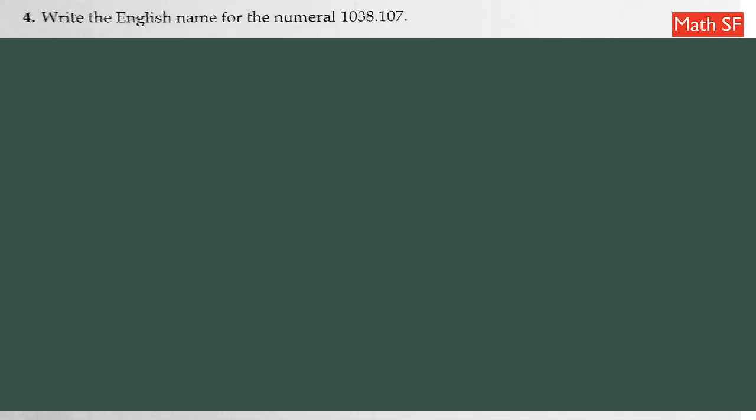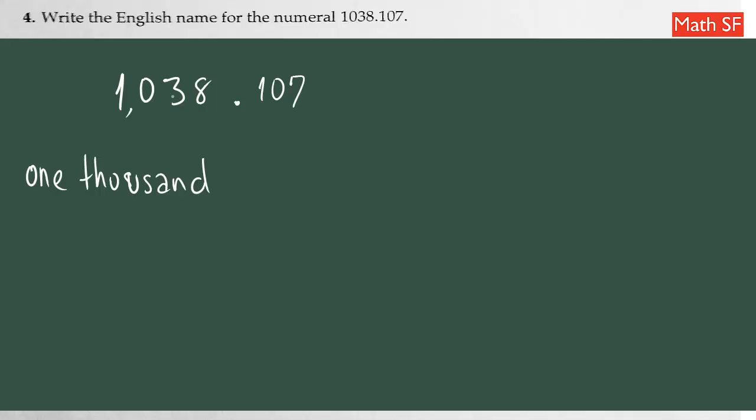Now let's write the English name for this numeral. I have this numeral here. Let's write the whole part first. Every 3 digits, so here is 1,000, right? So it will be 1,000, 38.